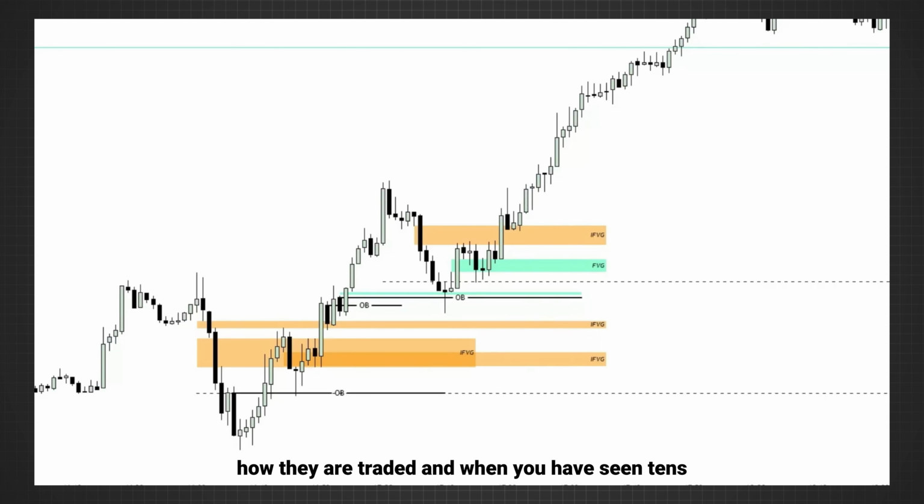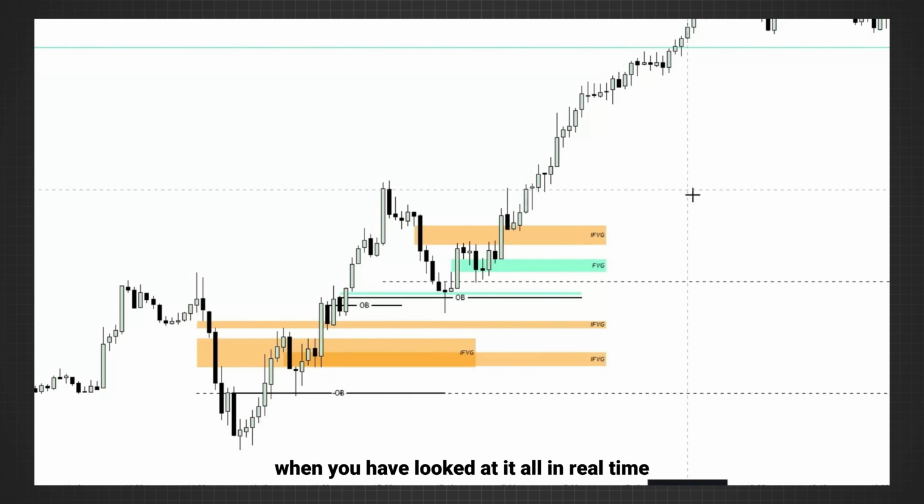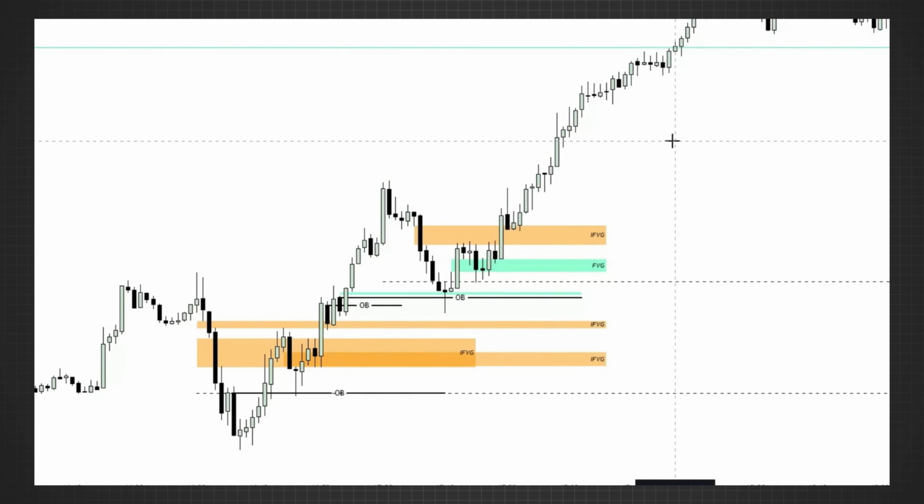And when you have seen tens, that is hundreds, thousands of times, how this or that order block works out, or what was the pattern of gap and breaker, or order block, or inverted gap, and you realize that the price goes here. When you have looked at it all on the history, when you have looked at it all in real time, you just develop a skill of perception.